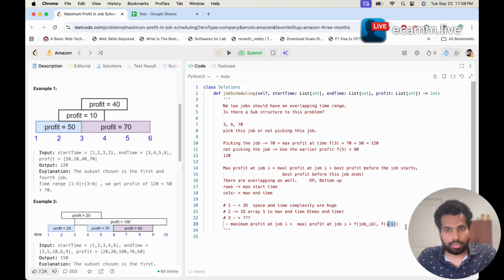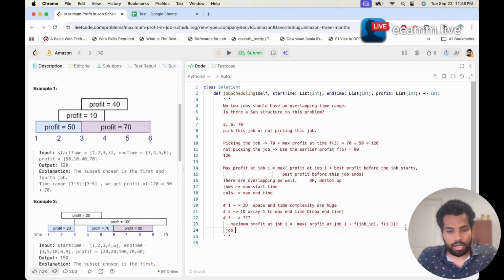Yeah, so you have two choices here. This is one choice: skipping the current job, or choosing the current job. So this job id we have to find. I'm just writing it down.